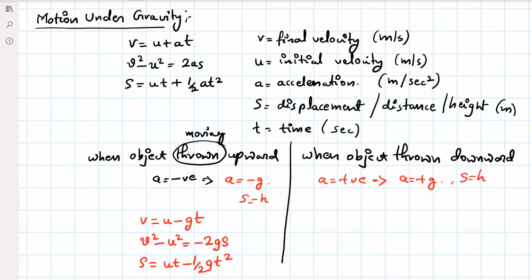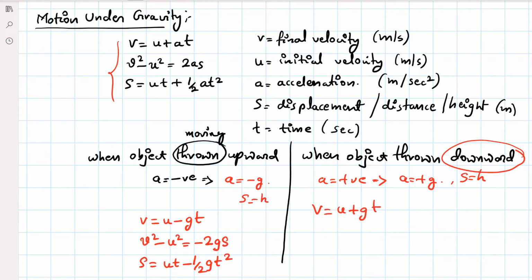Same way here on the other side, when the object is thrown downward, acceleration is positive, so we have V is equal to U plus GT.